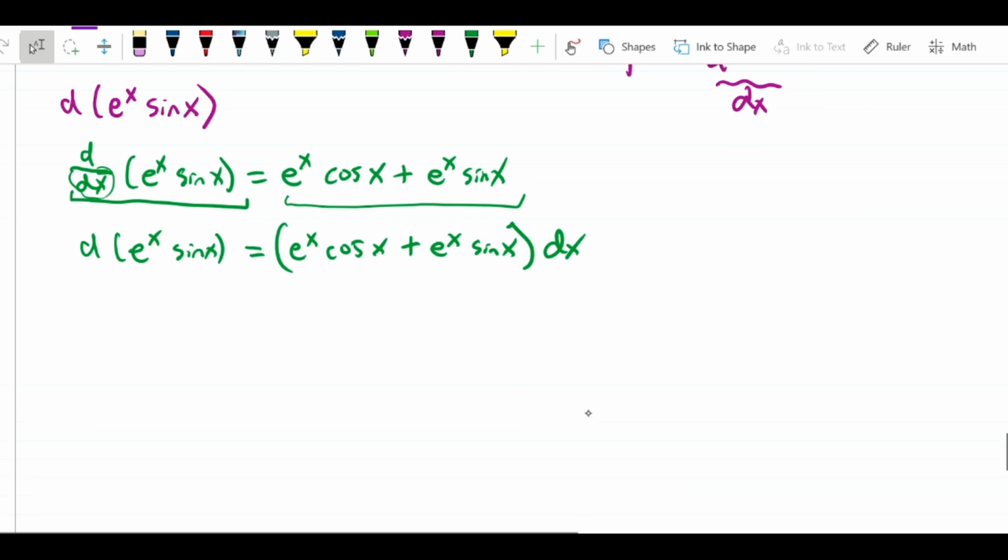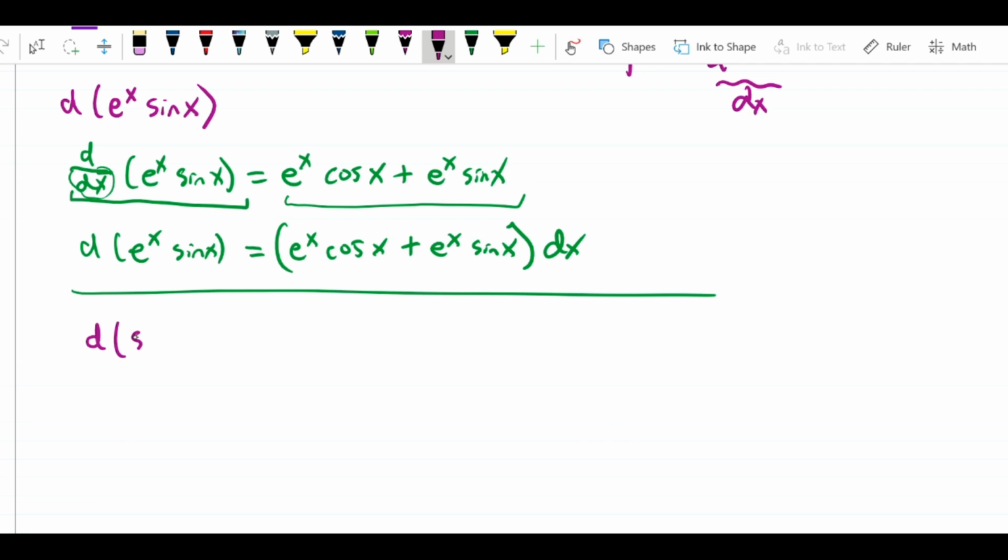So let's just do one more of these. This can be a review of some other topics in derivatives. Let's suppose we want to find the differential of arcsine of 5x. What we would do is simply find the derivative of arcsine of 5x.